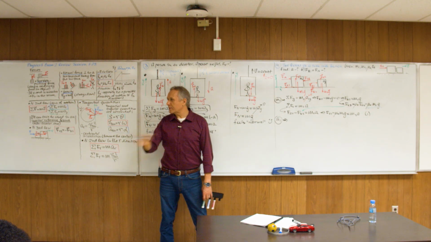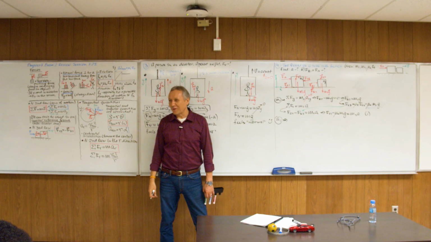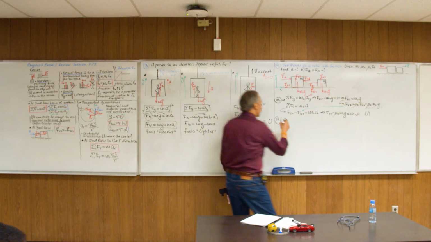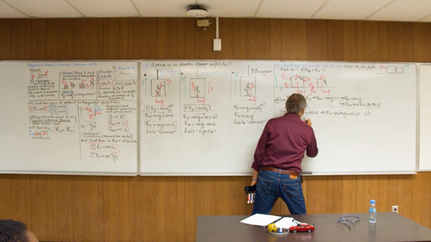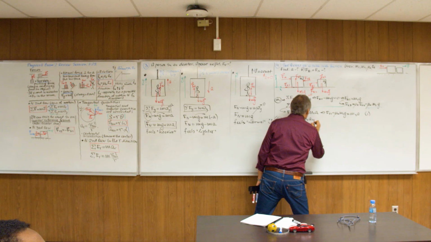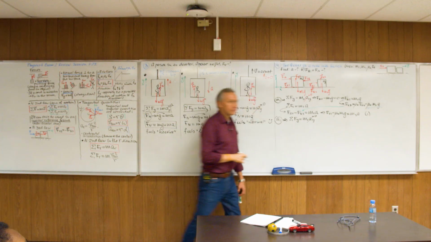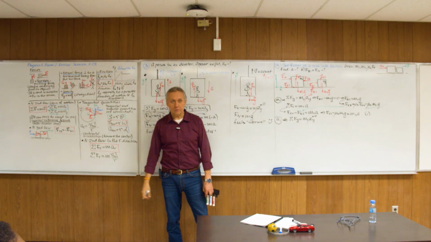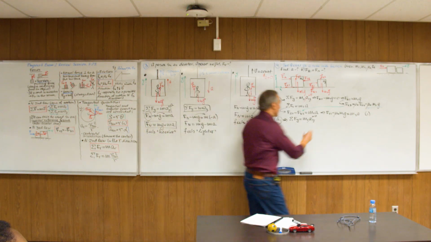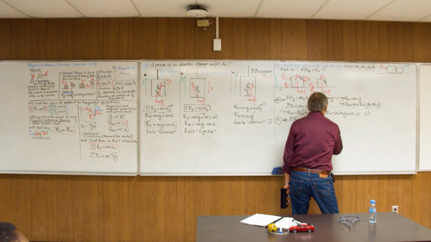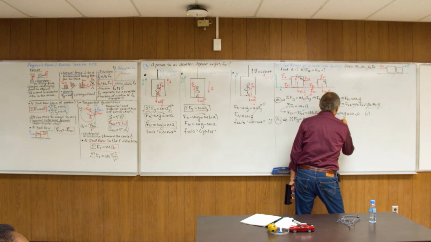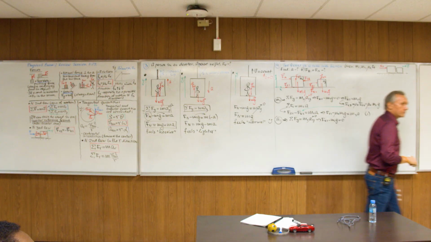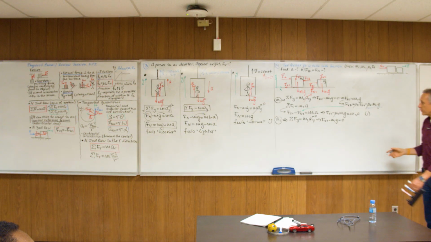In the y direction, I don't want to cheat. Of course, acceleration is 0. Again, we apply observation. And from here, Fn1 minus m1g equals 0. So we'll get the value of the normal force again.